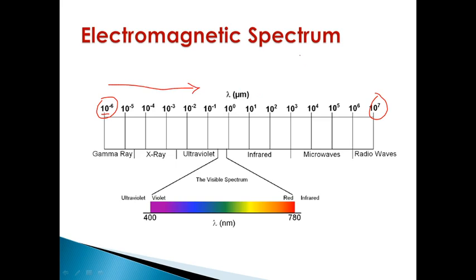What is wavelength? As we know, an electromagnetic wave is nothing but a wave. The distance between two adjacent crests or two adjacent troughs is known as lambda. If you want to see the picture of the electromagnetic spectrum, it looks like this.